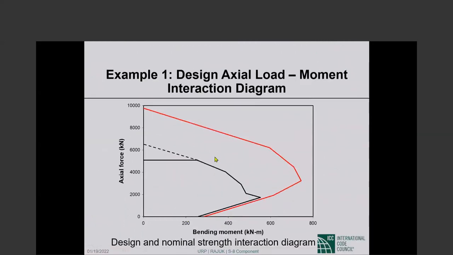So we calculated nominal values, we calculated design values, so we can plot this diagram. So the first point was here. Like no axial load, however. So first was here.